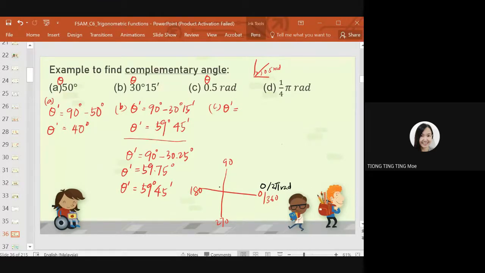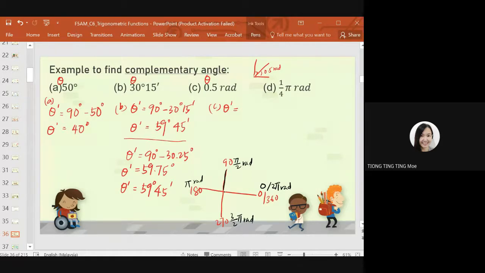So half, 180, half is pi radian. Half again, pi over 2 radian. Then this one is pi plus pi over 2, so it's 3 over 2 pi radian. Okay, this is the basic.